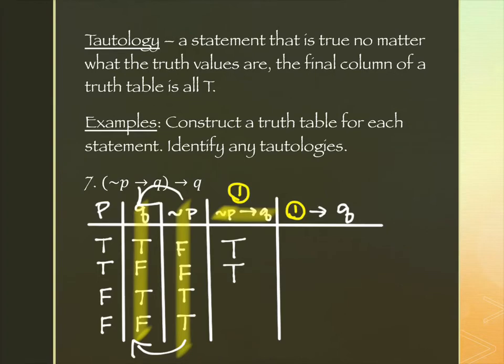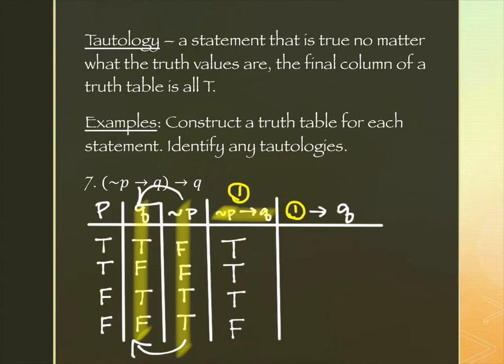Row 3, I've got the 2 T's. Right, true implies true. For all of our compound statements, whether it's conjunctions, disjunctions, or implications, that's a true statement. And the last one, I've got true implies false. That's false. It takes practice to remember which one's which, or having it there with you to refer back to is fine too.